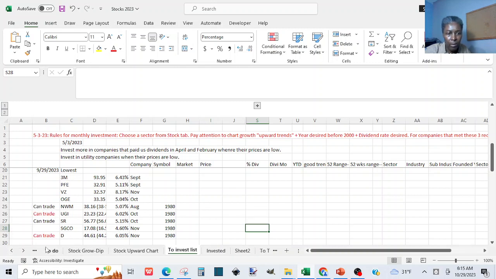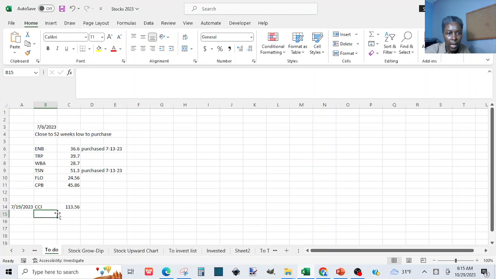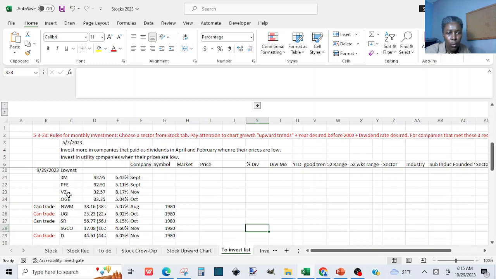But yeah, I do that. I do go through them and see which one are on the lowest, and by looking at them, because I have them already among my stocks, it's easier to see which one is on the lowest, and then I go from there.